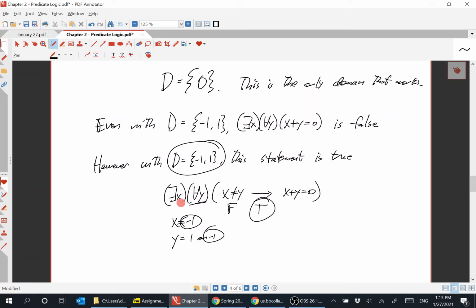So if you chose x equal to -1, y could be equal to 1 or -1. In one case, the hypothesis is true and the conclusion is true, so the implication is true. In the other possibility for y, the hypothesis is false, and I don't care about the conclusion, because when the hypothesis is false, the statement is true.